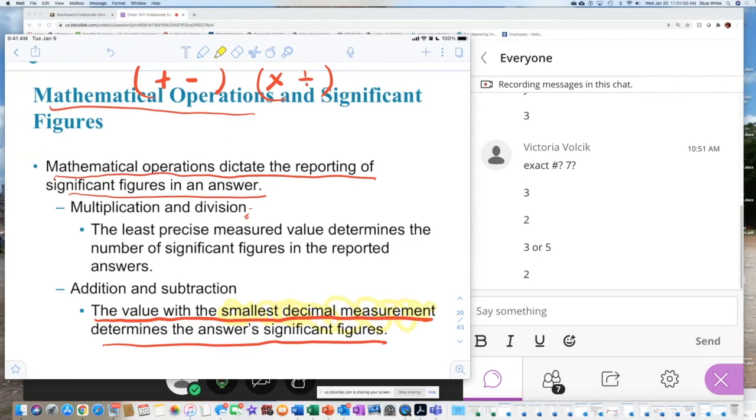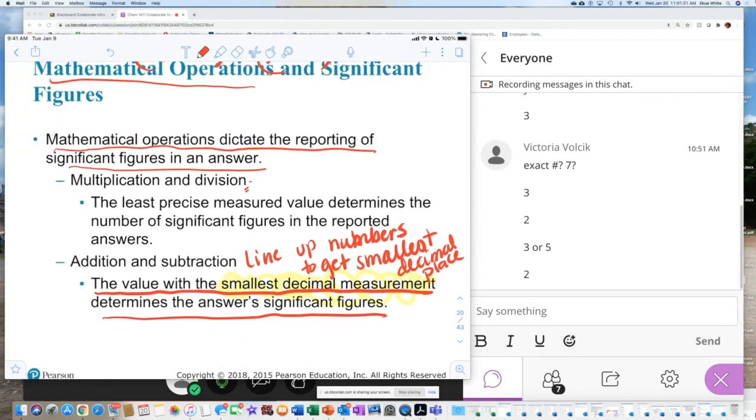The rule is, they haven't said this, I'm paraphrasing: line up numbers to get smallest decimal place. And then after you do that, your answer should have the smallest decimal place you were able to figure out. So first of all, you line them up.